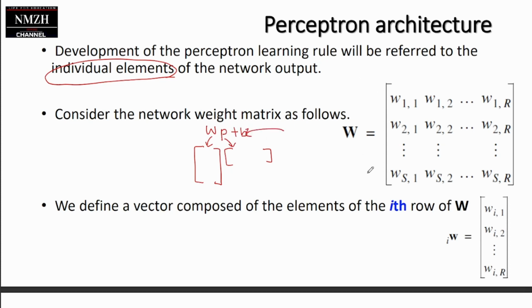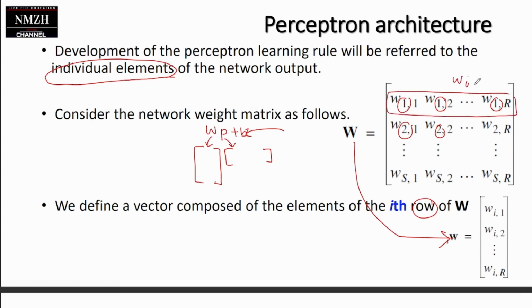So if we have i elements of the row in W, we can minimize this vector by assuming all of this is i. It depends, so we pull everything to Wi.